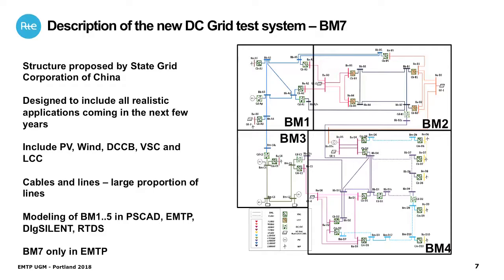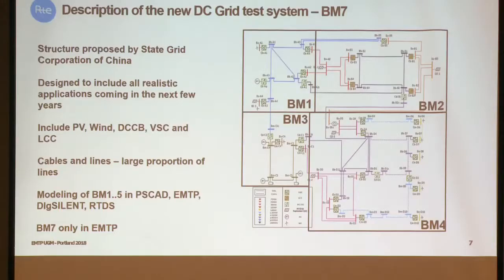Now you have BM3, that is another test system defined by this working group, including PV as well, BM1 with 5 converters, and the BM2 that is a mix with LCC.